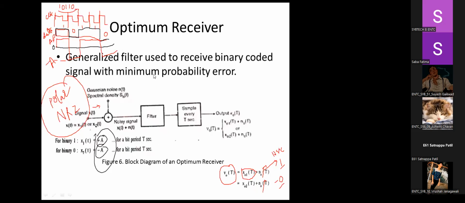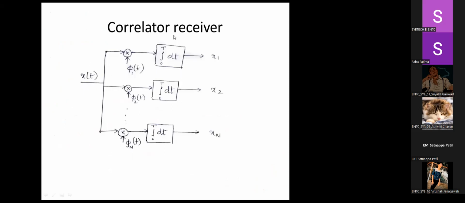So the optimum receiver is the one which is going to have the minimum probability of error. Then the correlated receiver, we have x of t. Yes, we are having some kind of dimensionality and some kind of basis function. You studied about dimensionality and basis function, students?